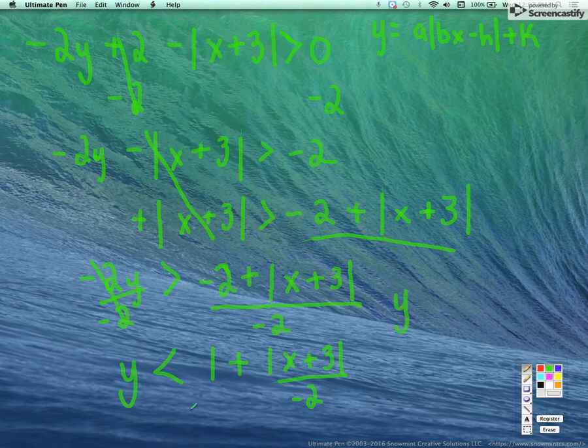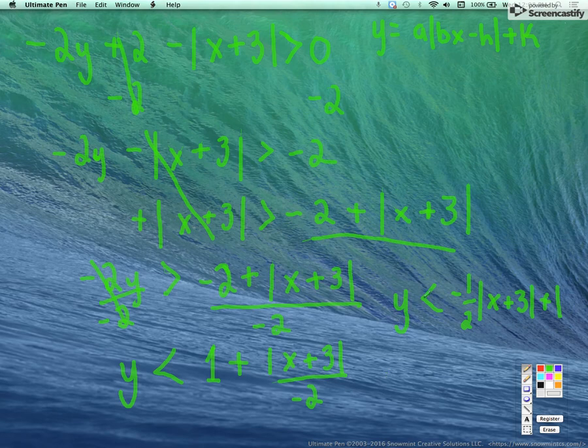It says y is going to be less than, since dividing by negative 2 is the same as multiplying by negative 1/2, it's going to be negative 1/2 times the absolute value of x plus 3, and then this plus 1 here. Since it's a positive on the left, we can add it over here, plus 1.